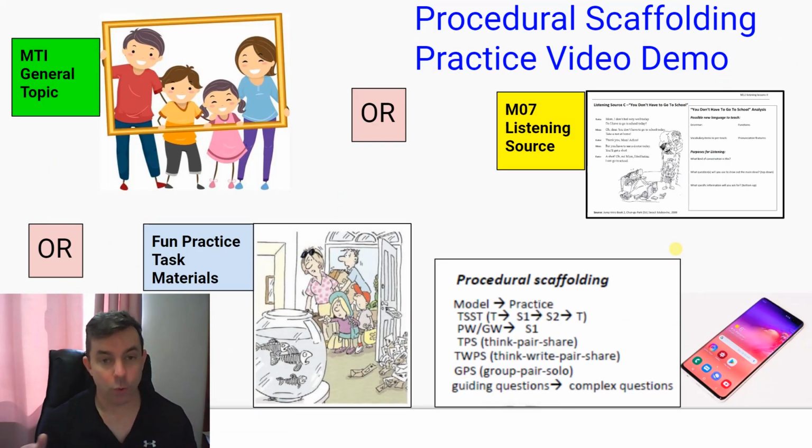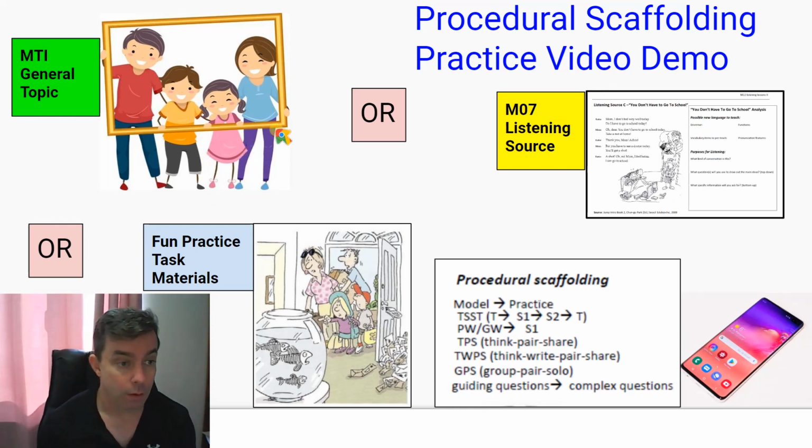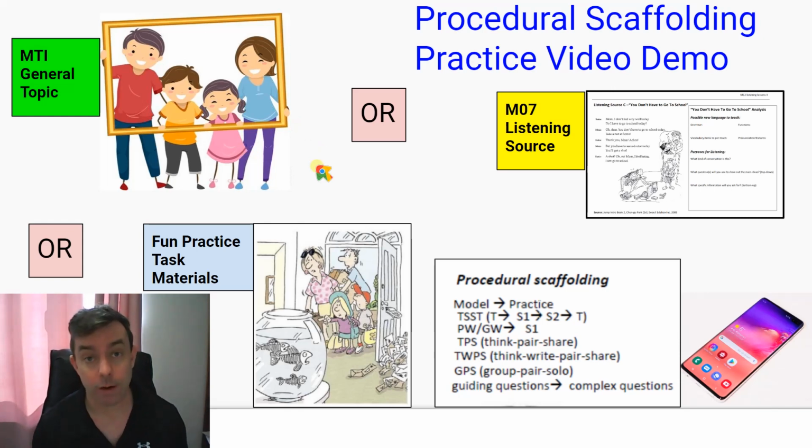Okay, here's a quick model of exactly how to do this activity. I'm going to use each of your 3 contexts to do this. So the first context is your general topic from MT1. The one that I've chosen here is family.